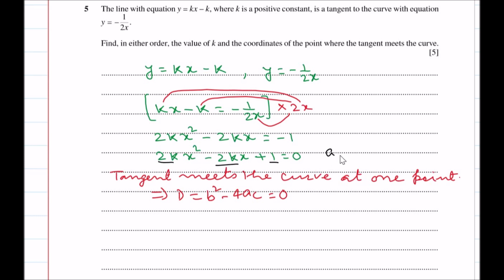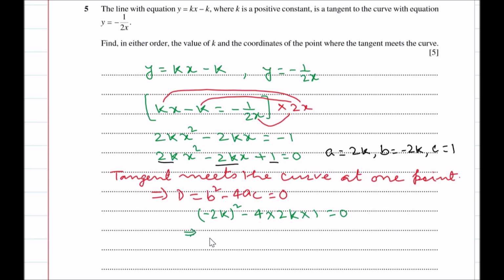So a equal to 2k, b equal to minus 2k, and c equal to 1. Let us substitute the values. So we get b is minus 2k, so minus 2k square minus 4 into a. A is 2k. So 2k into c. C is 1, and that is equal to 0.